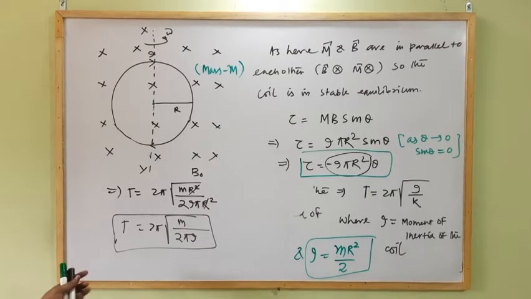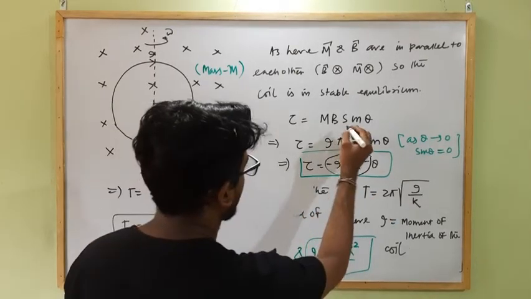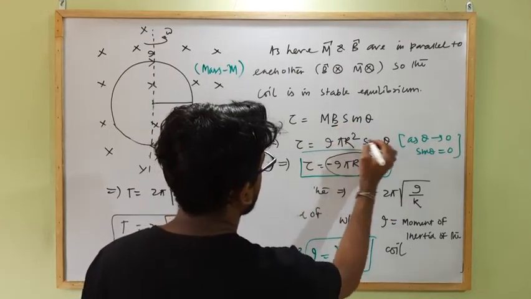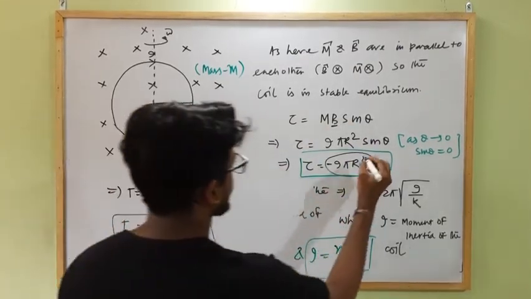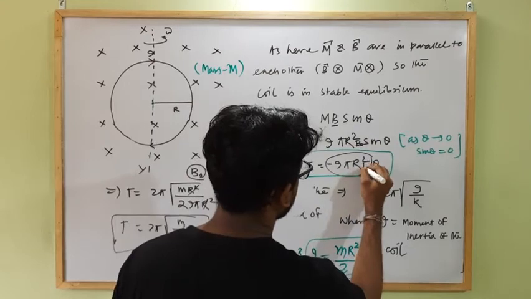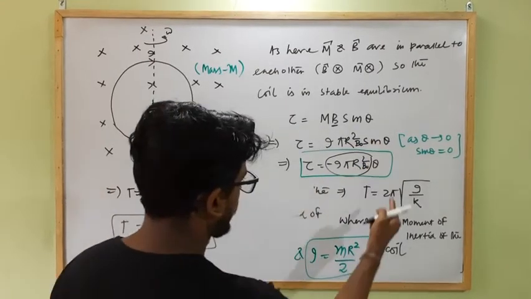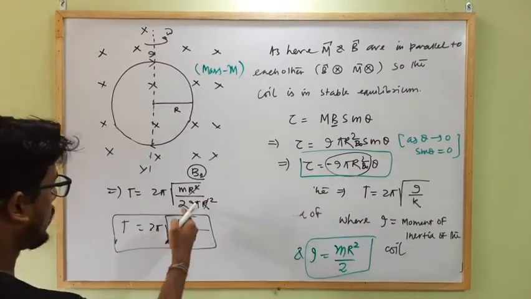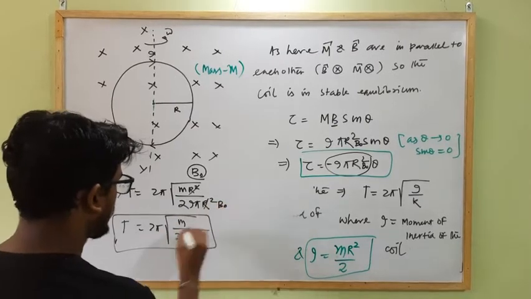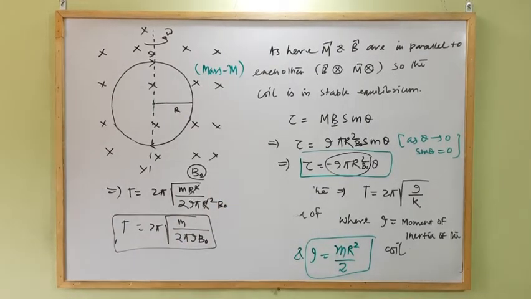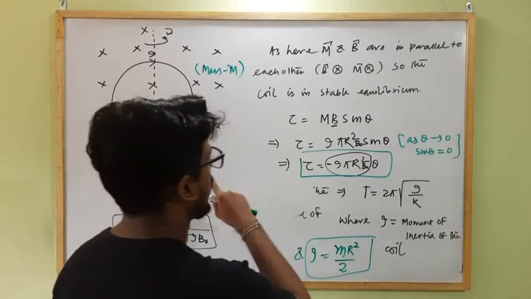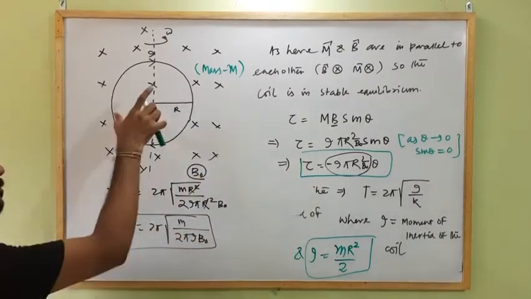Sorry, here is a term I forgot, that is B. So pi r square, here the magnetic field strength is B naught, so B naught is there. So it will be 2 pi I B naught under the root, with m in the numerator.